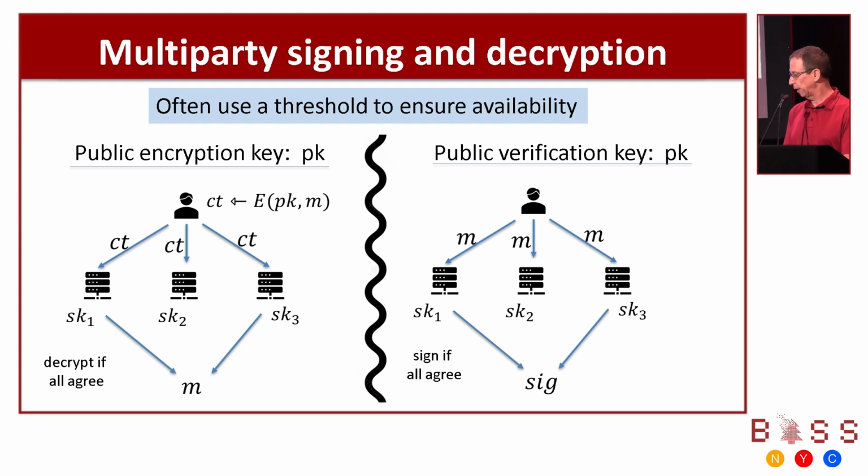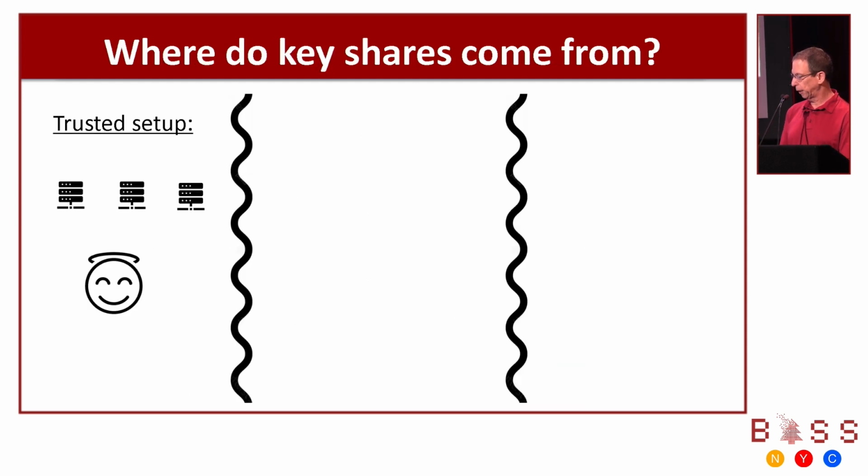You can see in this case 2 of the arrows disappeared on the bottom, and only 2 of the 3 parties are needed to decrypt or to sign. I imagine many of you are familiar with this. It's very common in the blockchain space to protect the key by splitting it into shares. In some cases, we even put these shares inside an enclave to further protect them, but that's an added security measure. The basic idea is to protect the key by splitting it up.